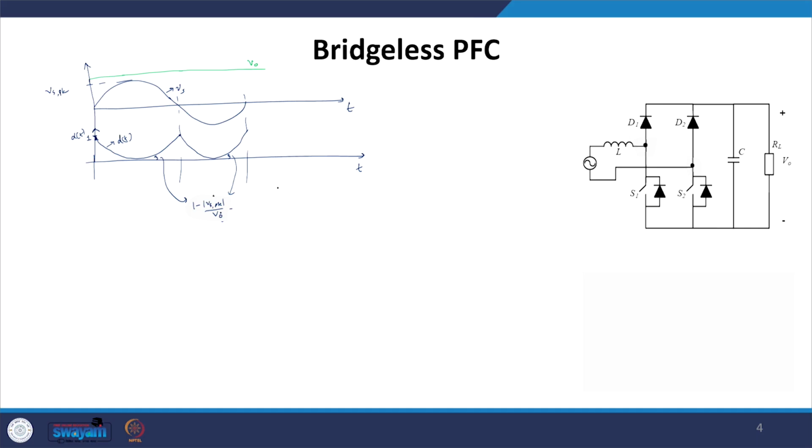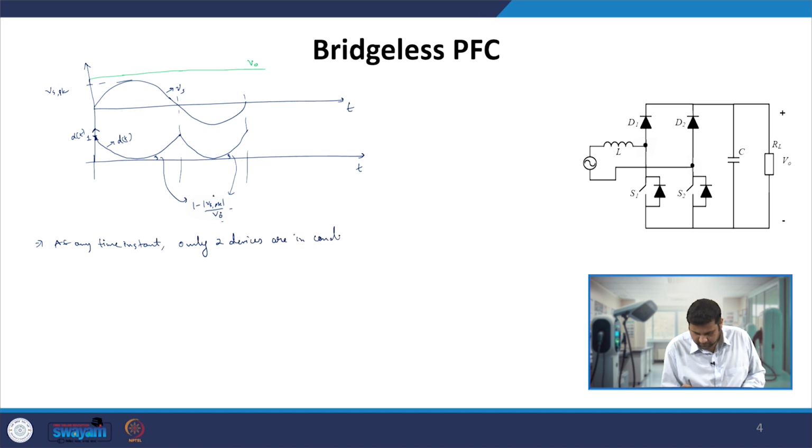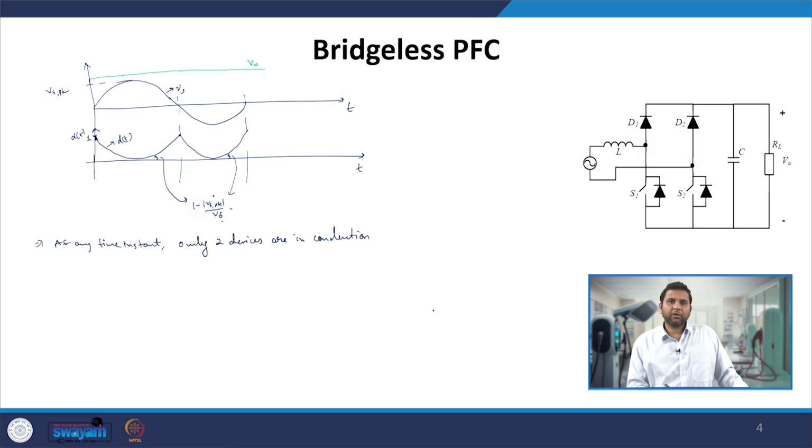in both the DTS period and 1 minus DTS period only two devices are in conduction. So we can see that at any time instance, only two devices are in conduction, thus having a lower conduction loss as compared to that of the boost PFC case.